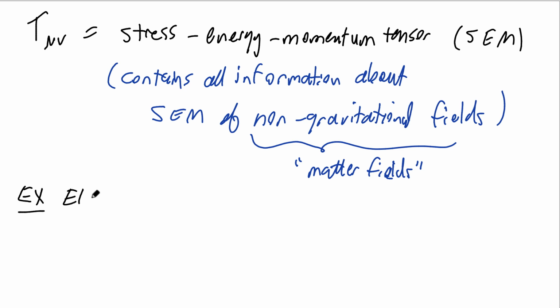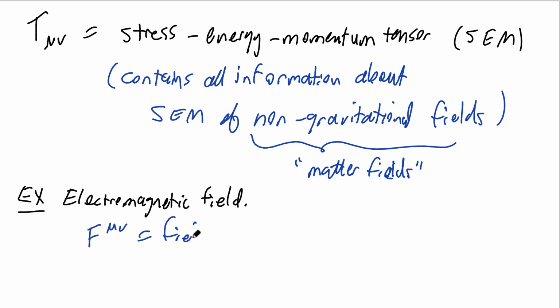For the electromagnetic field, we define the field strength tensor, F mu nu, and this is an antisymmetric tensor, so it has 6 independent components, and those independent components are the electric and magnetic fields.